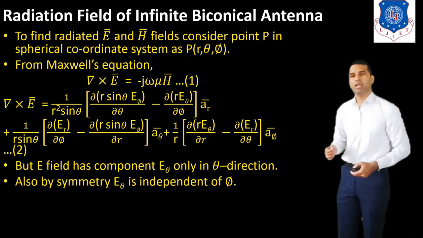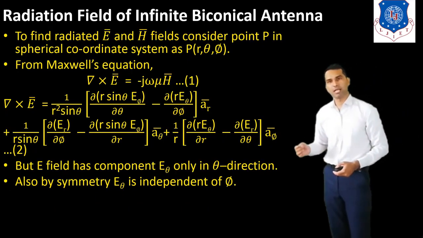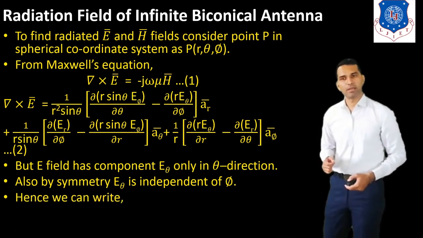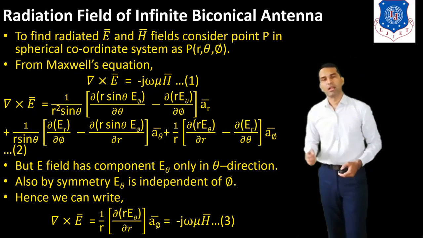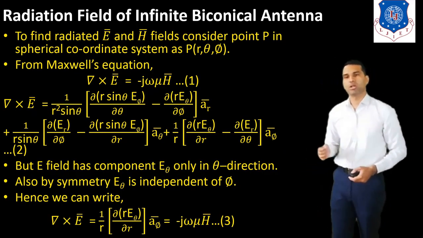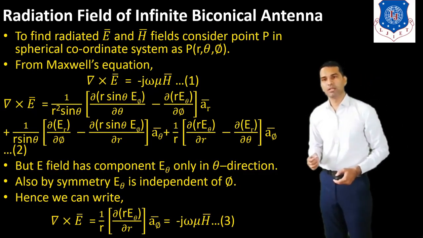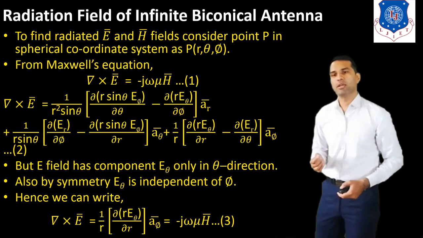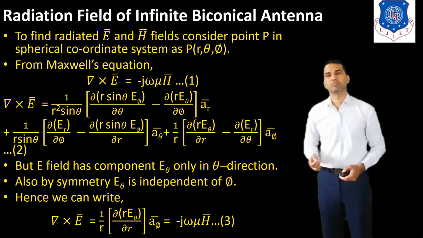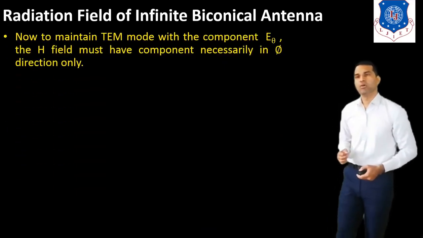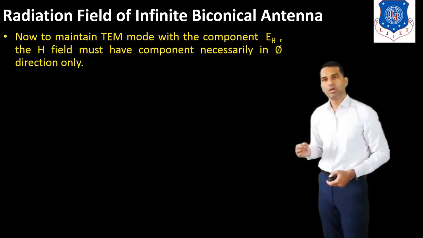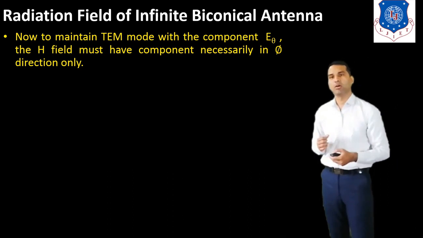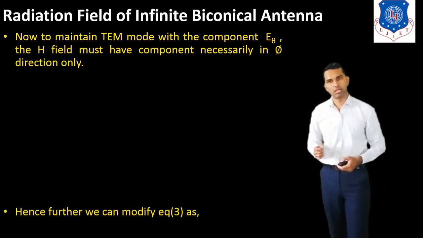But we know that the E field has a component E theta only, in the a theta direction. Also, by symmetry, E theta is independent of phi. Hence, we can write del cross E equals 1 upon r del(r E theta)/del r in the a phi component, equals minus j omega mu H. Now, to maintain TEM mode with the component E theta, the H field must necessarily have a component in the phi direction only.